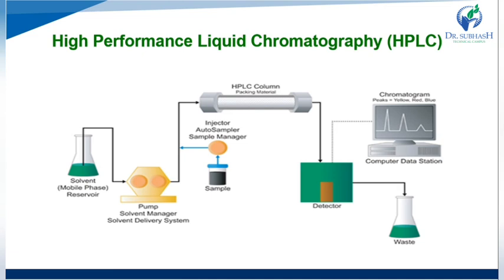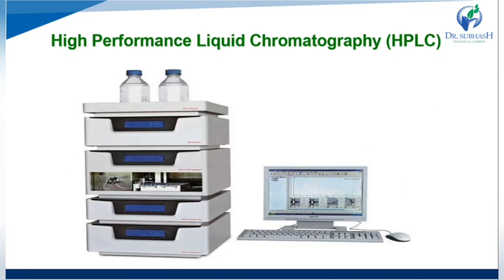This is the proper diagram of the HPLC machine, high performance liquid chromatography. On the upper side, two bottles contain the solvent, that is the reservoir. In this system one detector is also present, mostly a UV, ultraviolet detector.